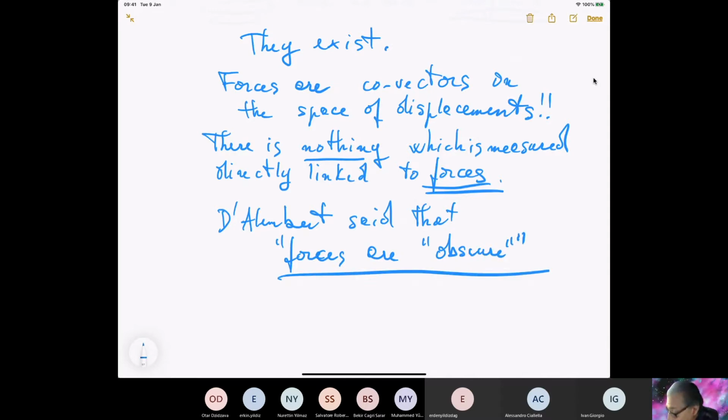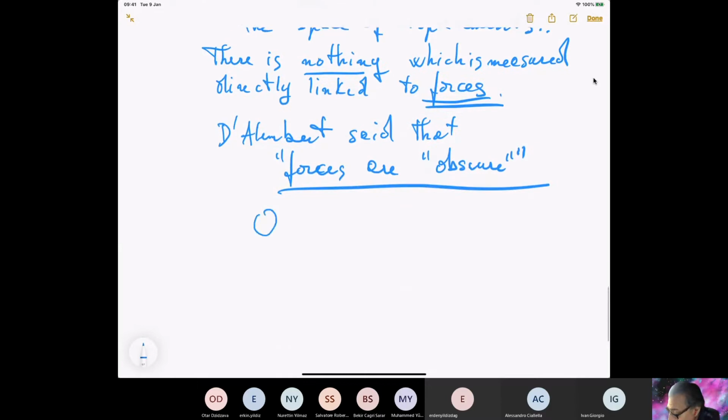If you link a weight to a dynamometer, and you claim that you are measuring a force, what are you actually measuring? You are measuring the elongation of a spring.